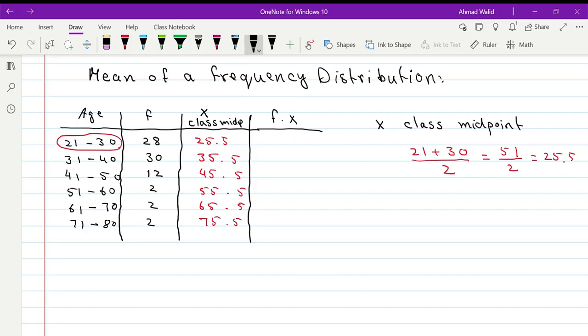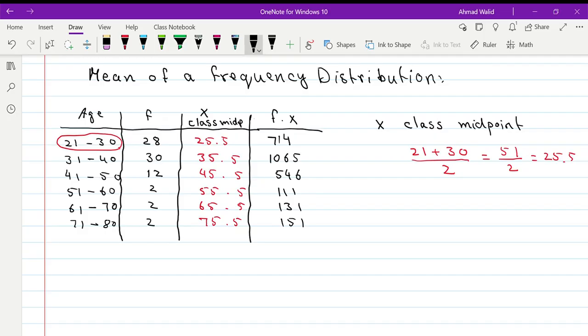It gives you a number. Write it down here. 28 times 25.5 gives me 714. Correct? 30, next will be 1065, 546. Next one is 111, next one is 131, and next one is 151.